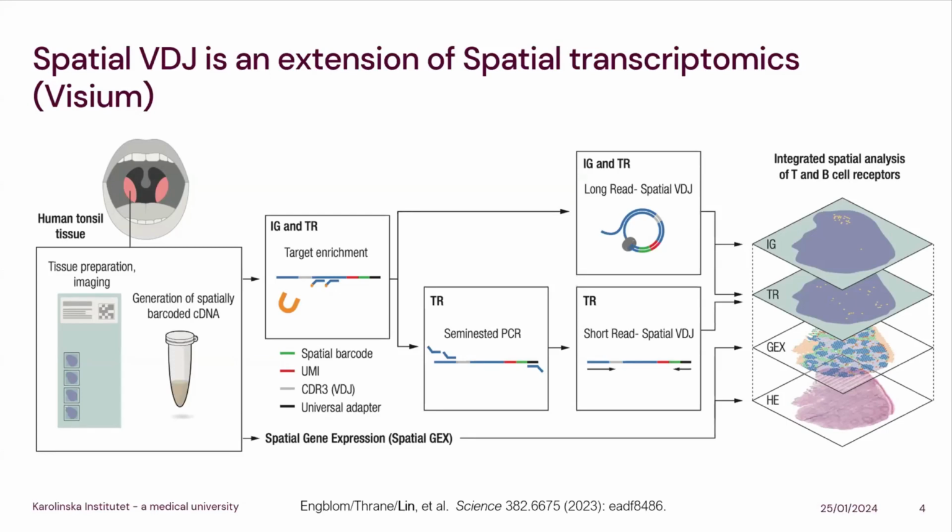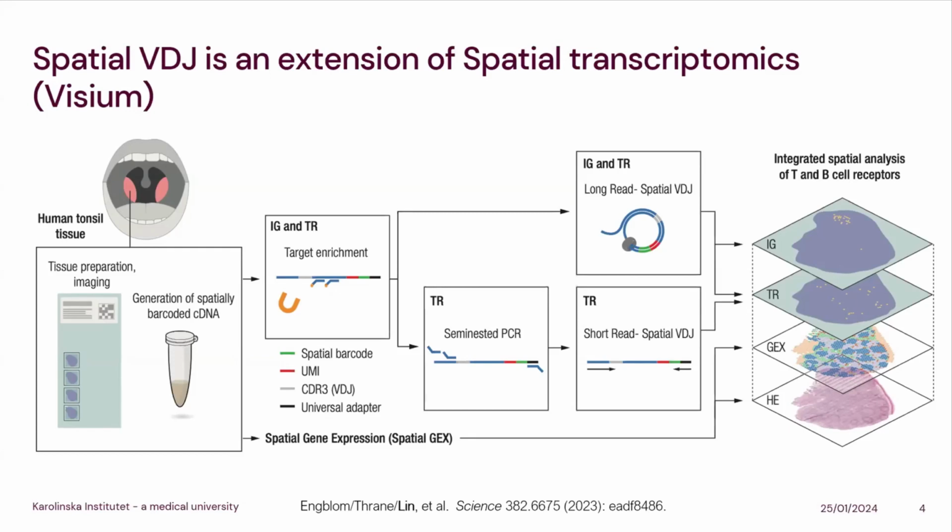We also developed a method which allows us to use short nested PCR to enrich T and B cell receptors and allows us to do the sequencing on normal next-generation sequencing, like the Illumina platform, as well. But we will not extend too much on this part because of the limitation.